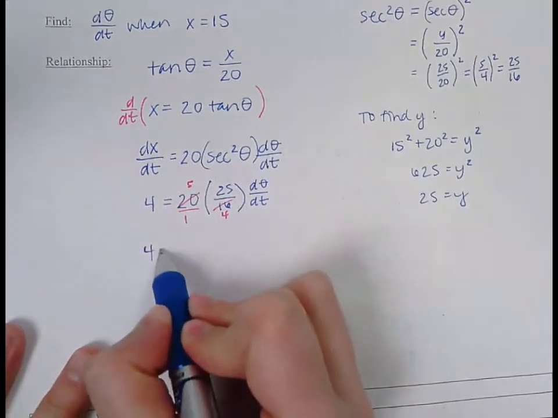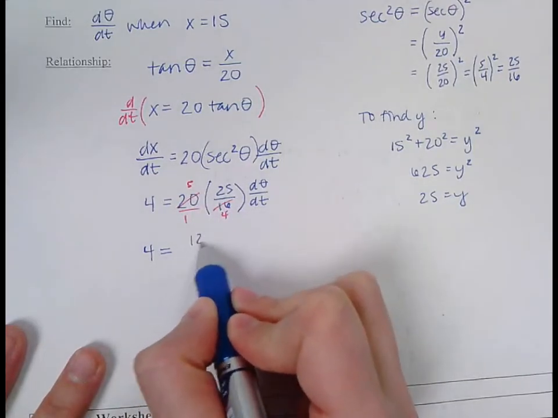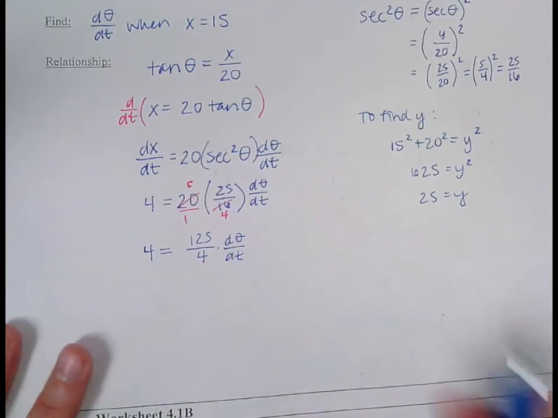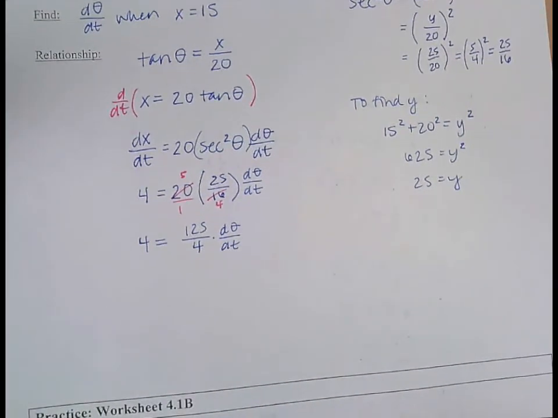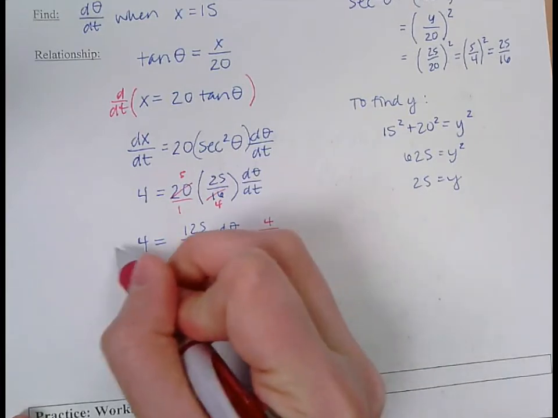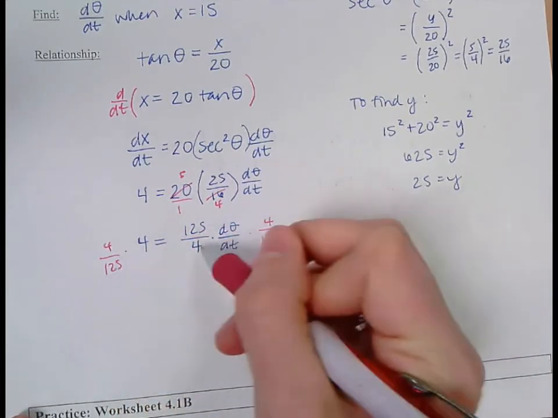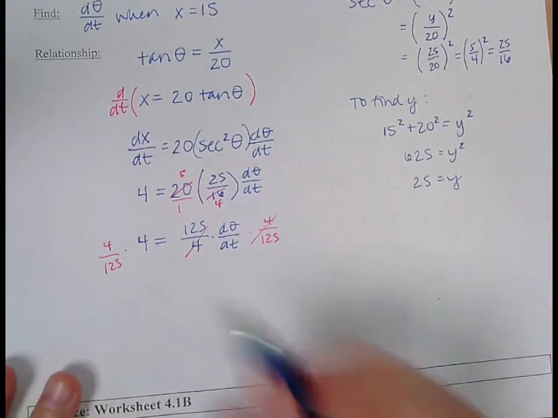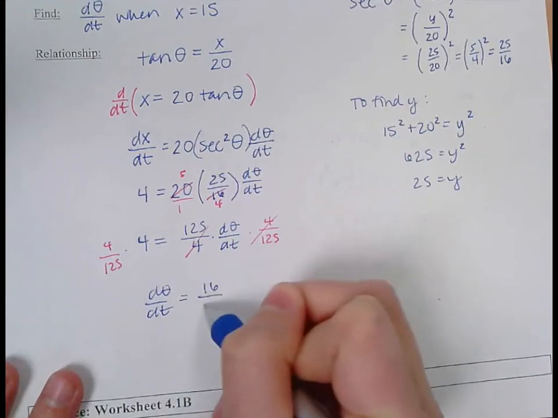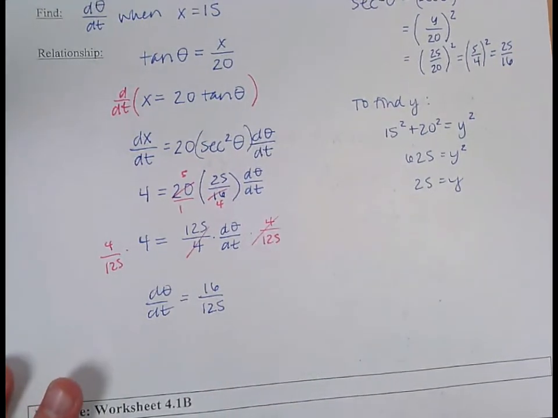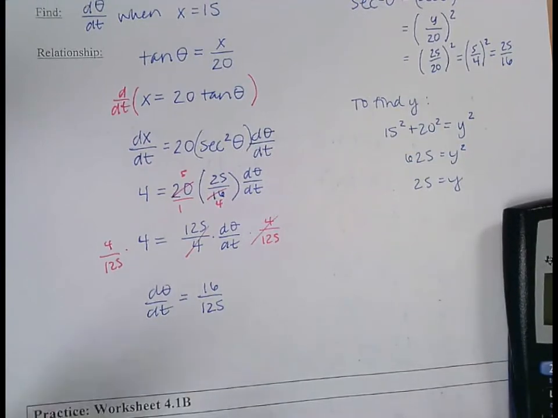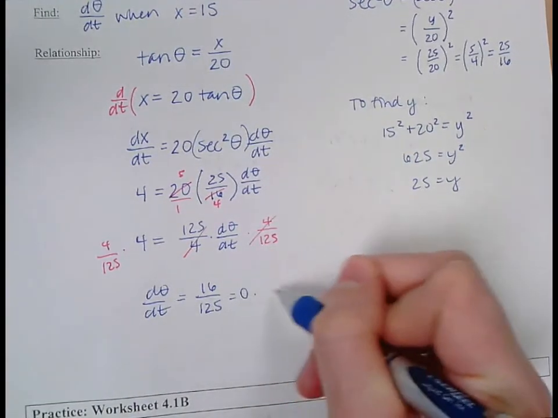So that'd be 4 equals 125/4 times d theta/dt. So I can multiply by 4 over 125 to solve for d theta/dt. The exact answer would be 16/125, or 0.128.